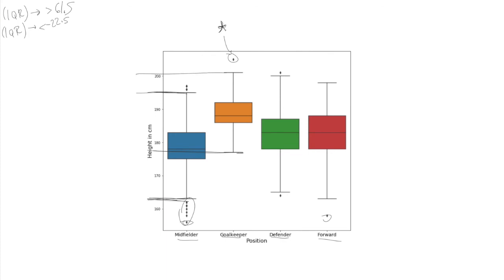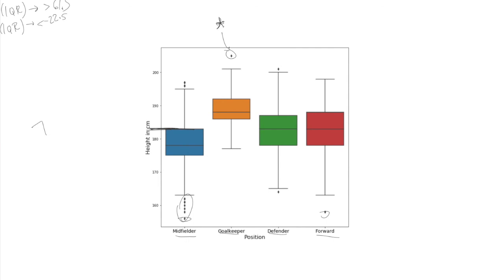So midfielders are shorter, there's a greater variation in how tall they are, and also we can compare these two by noticing that this right here, this 182 for midfielders, is quartile 3 for midfielders. That means that 75% of midfielders are 182 centimeters or less.